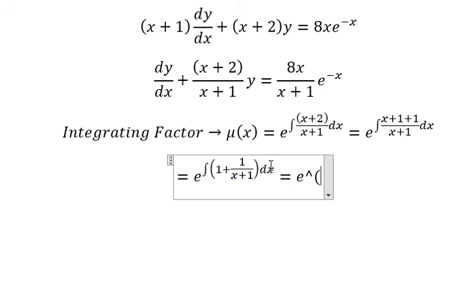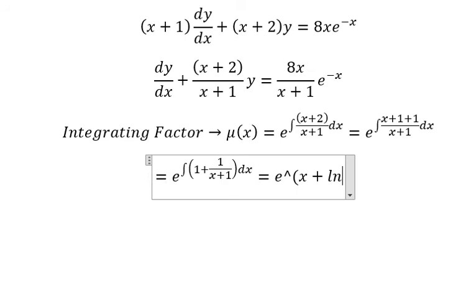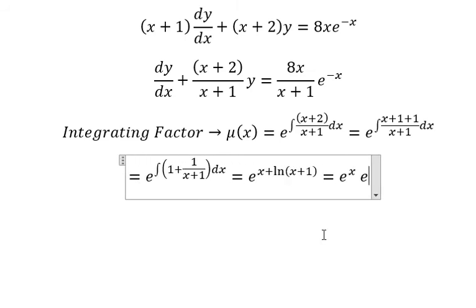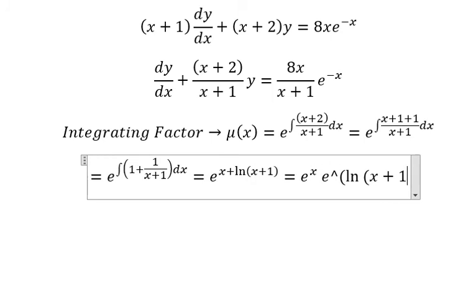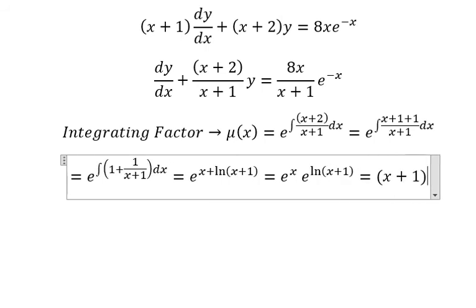The integration of number 1, we have x. The integration of this one, we have ln of x plus 1. And now we can put it like this. e to the power of ln x plus 1, we have x plus 1.